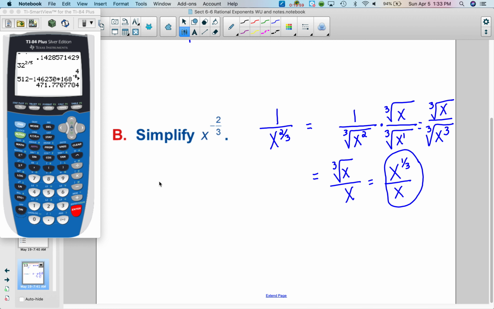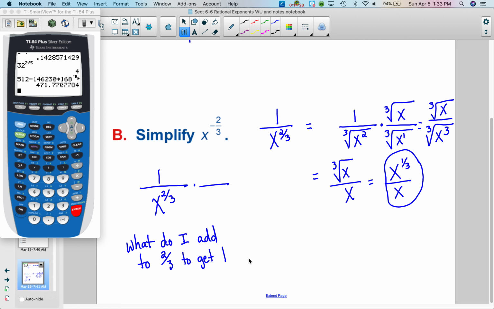Now, let me show you another way to think about this without having to go through all that. I want this to be x to the 3/3 because 3/3 is 1, and I just want it to be an x. So think about, what do I add to 2/3 to get 1 whole?